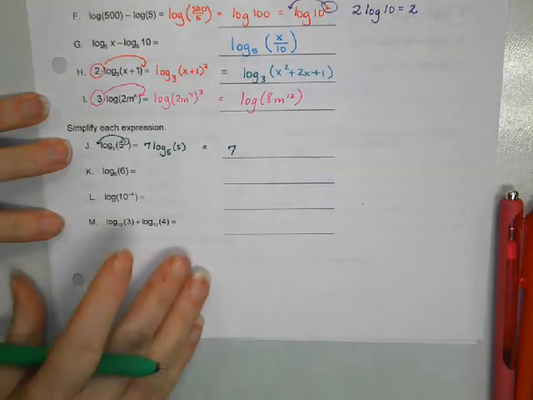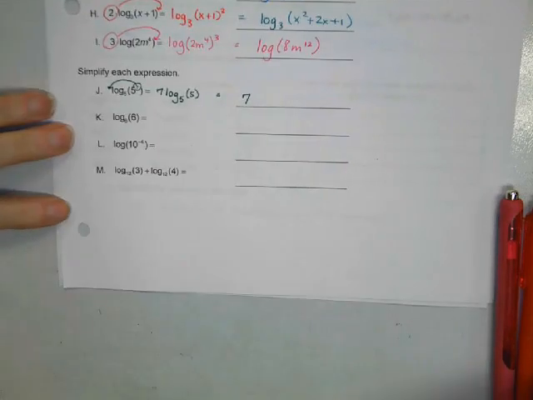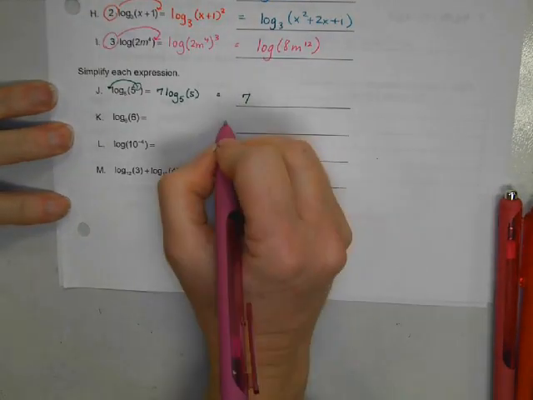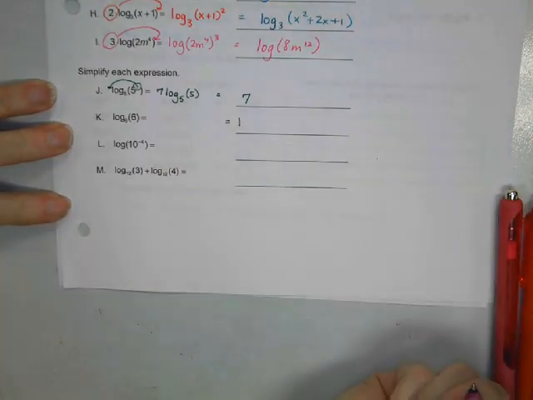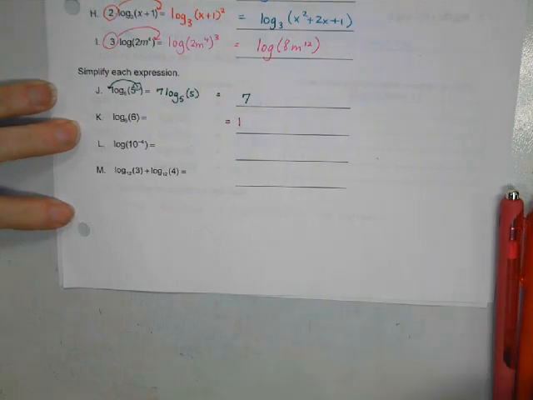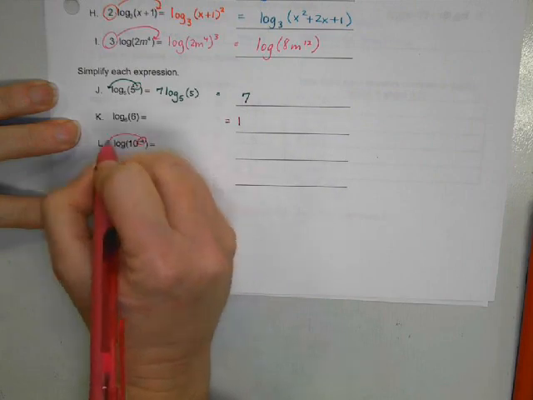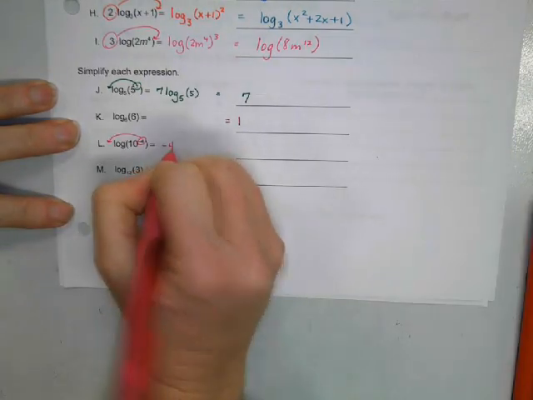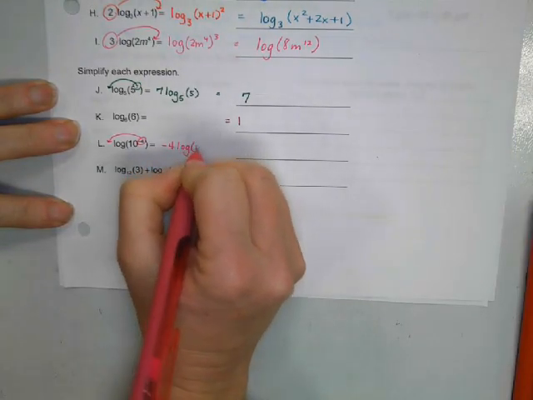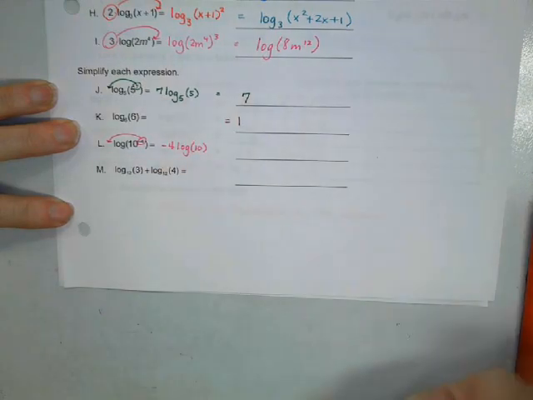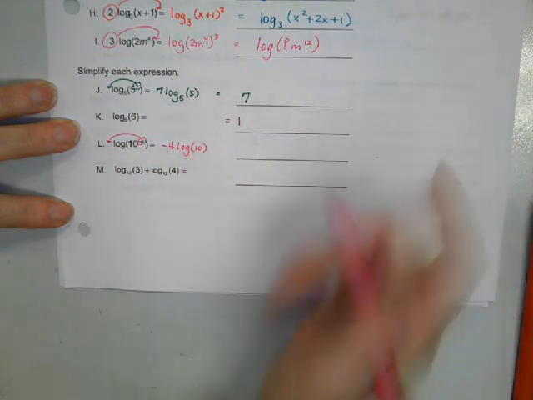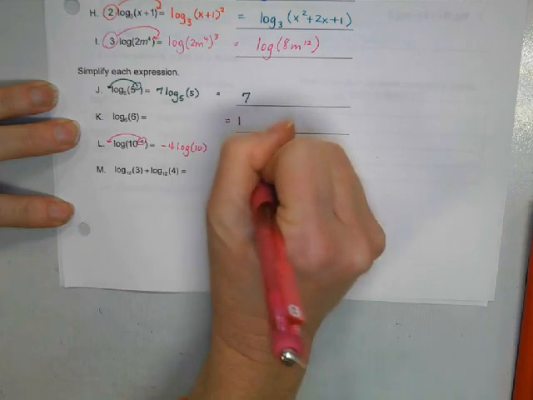So the next one I got log base 6 of 6. Just 1. Alright, so on this one I have negative 4. Move to the front. That'd be negative 4 log 10. That's log base 10 of 10, so this is just negative 4.